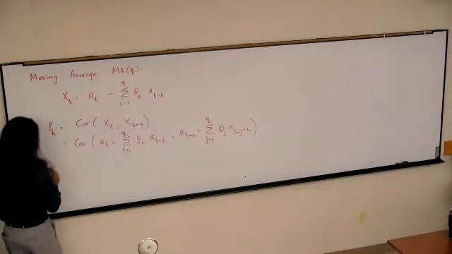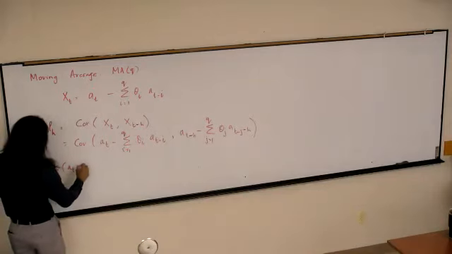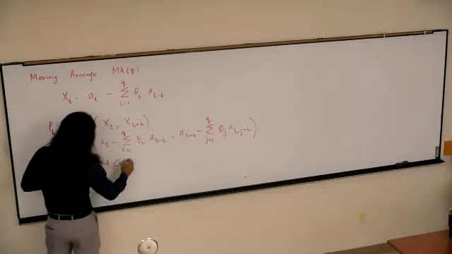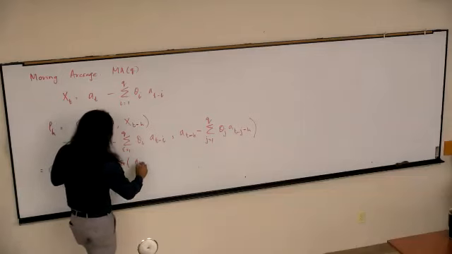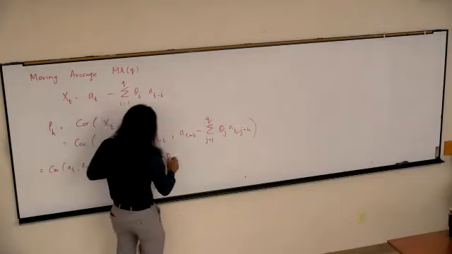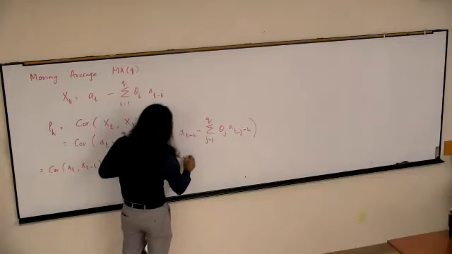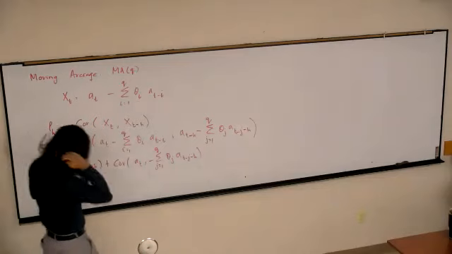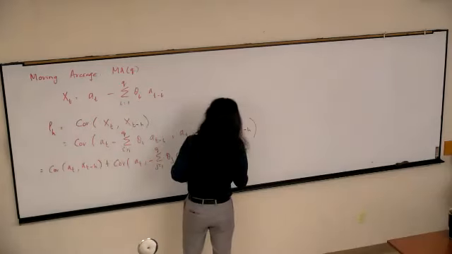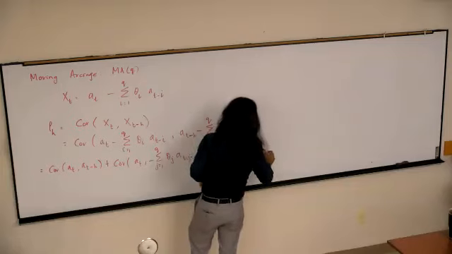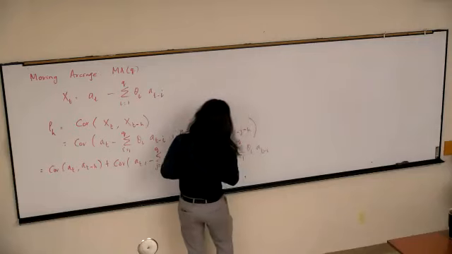So covariance of 80, 80 minus H. Covariance of 80, comma negative sum j equals 1 to q theta j a sub t minus j minus h, minus covariance sum i equals 1 to q theta i a sub t minus i, that's that at.